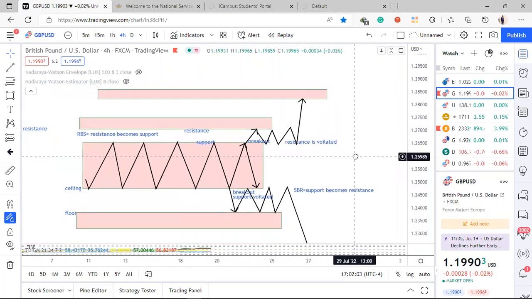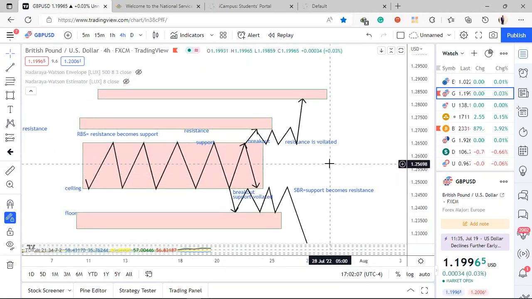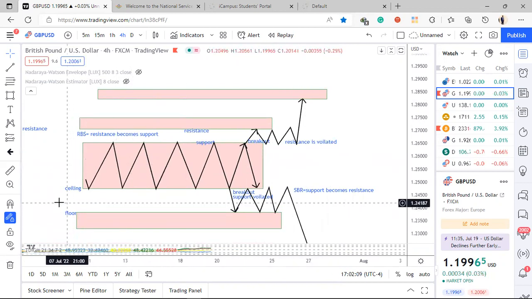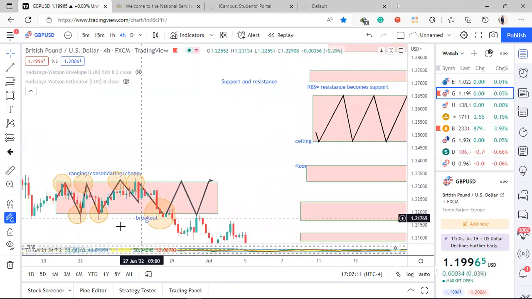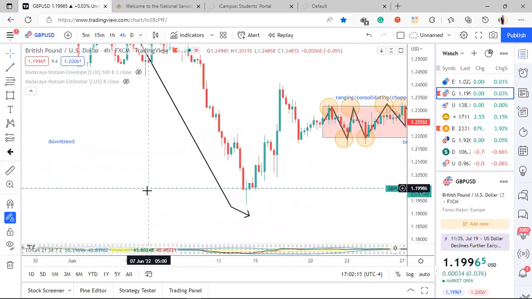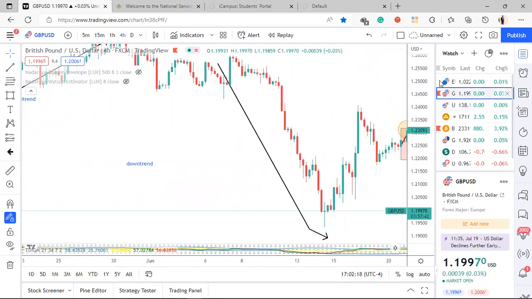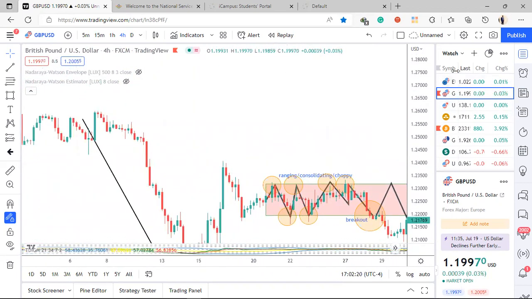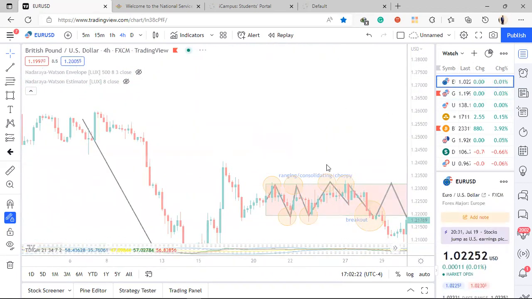That is basically what it means. Now let's go to the charts and see how best we can identify support levels and resistance levels. So let me use Euro USD.